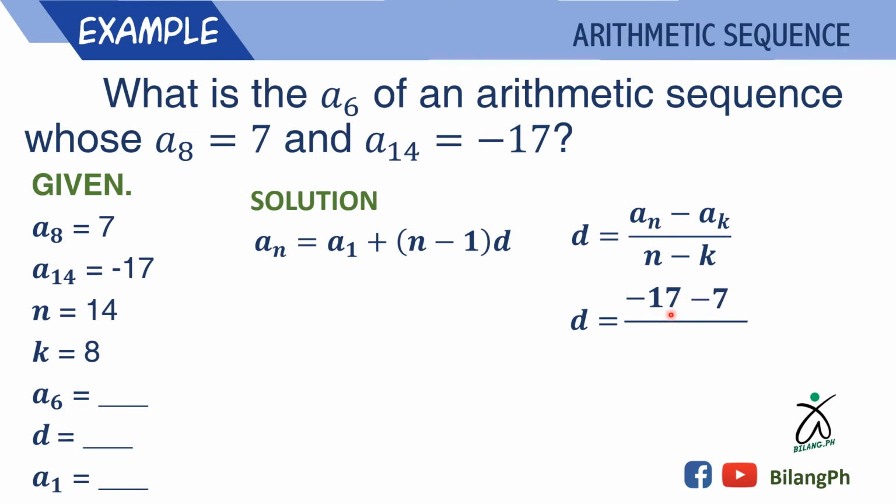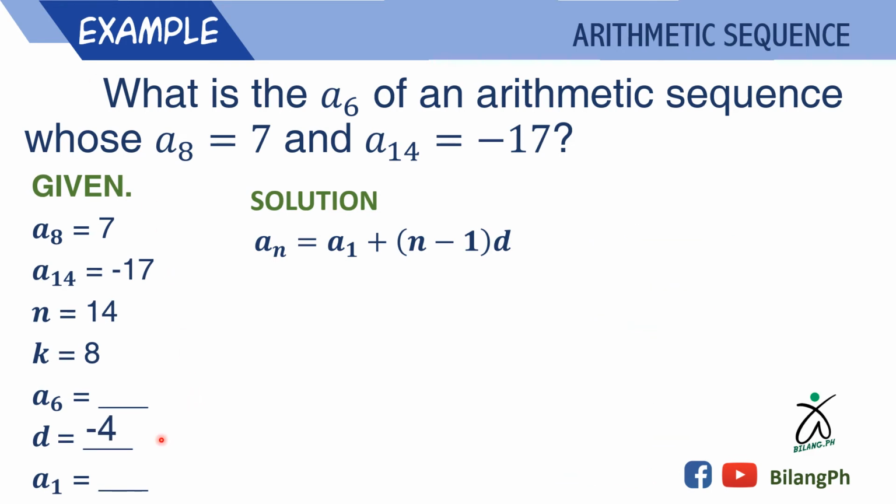Pang ilan si negative 17? 14. Pang ilan si 7? 8. I-simplify. D equals negative 17 minus 7 is negative 24. 14 minus 8 is 6. The common difference, negative 24 divided by 6 is negative 4. Meron na tayong common difference.